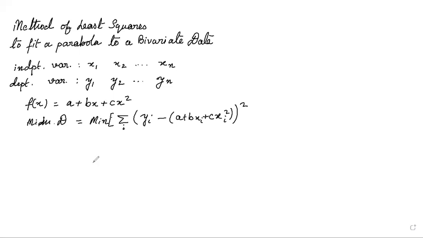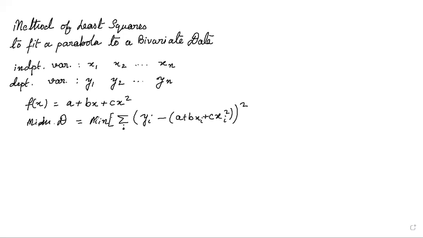As the method of least squares suggests, we need to obtain the minimum of the sum of the squares of the distances from the given bivariate points to the curve, the parabola a plus bx plus cx square.